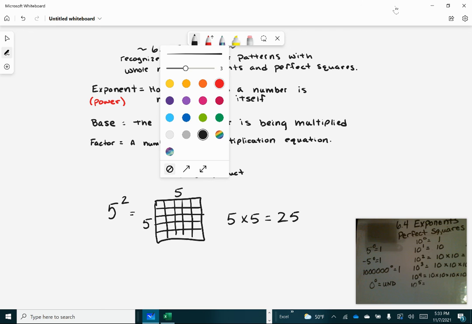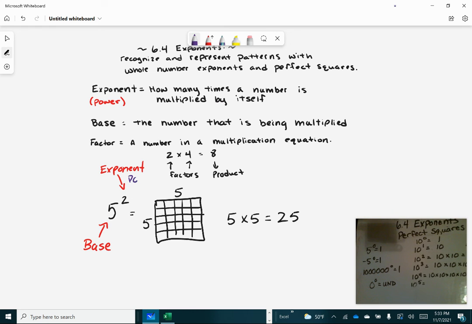Again, going over the vocabulary, this is called the base. This tiny number is called the exponent, or the power. And people will say raised.